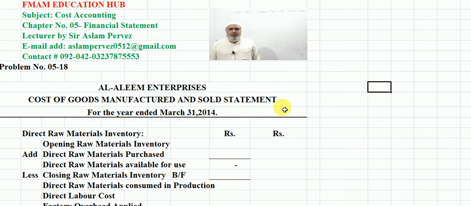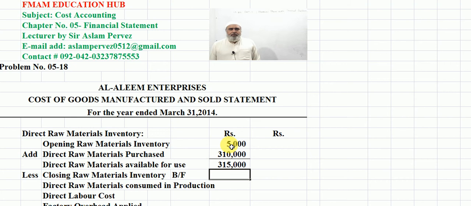Now students, opening raw material inventory is given, which is 50,000 rupees. We put 50,000 rupees here. Now direct raw material purchase is also given, 3,10,000 rupees here.